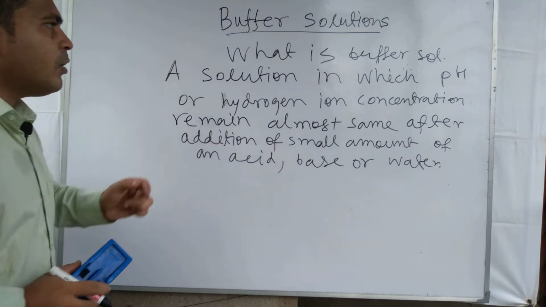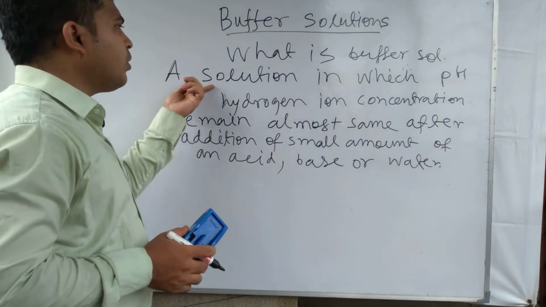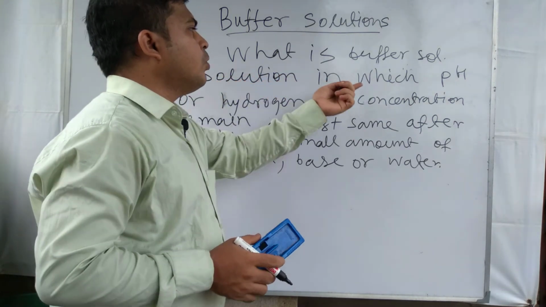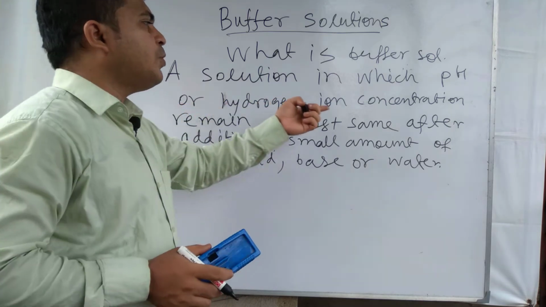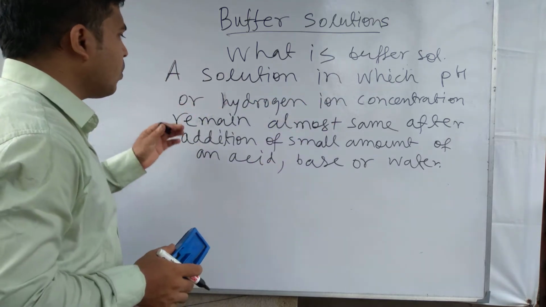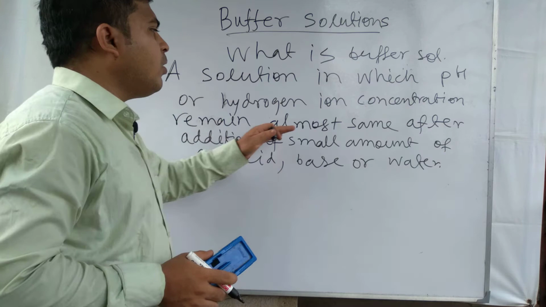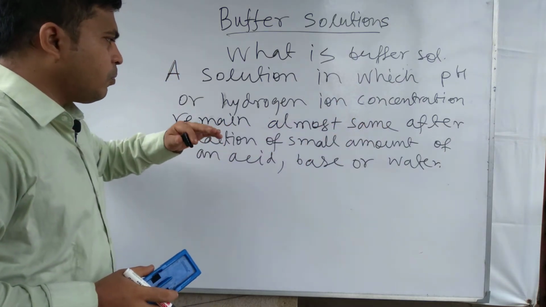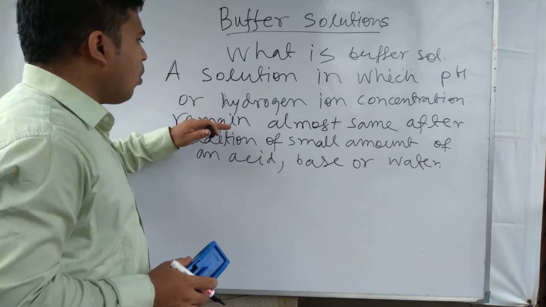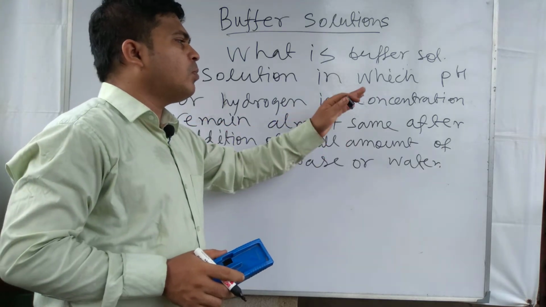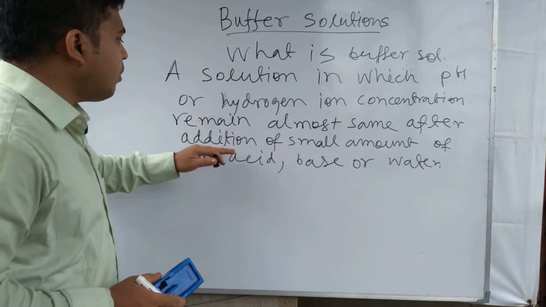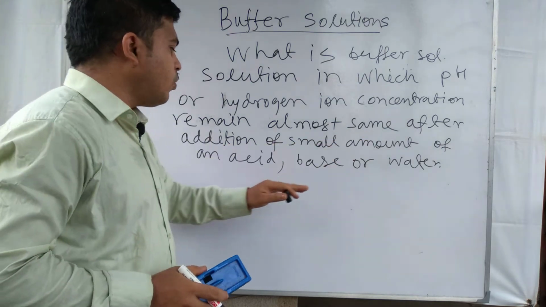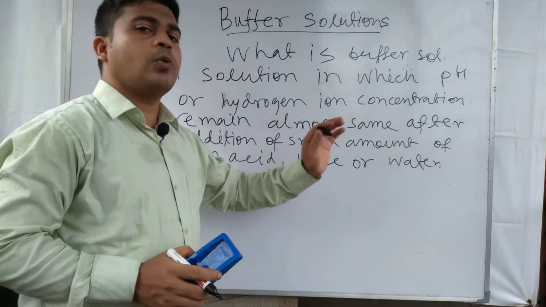So our definition of buffer solution is a solution in which the pH or hydrogen ion concentration remains almost the same, not exactly constant. It's almost constant after addition of a small amount of an acid, base or water.